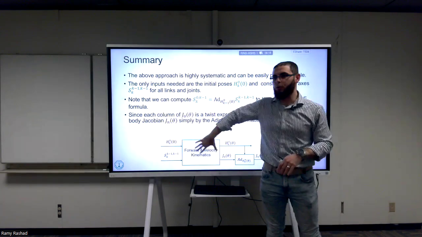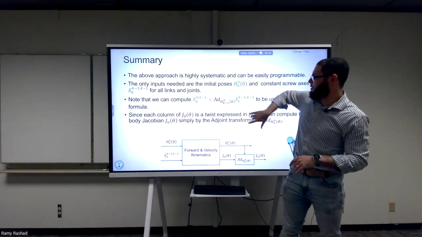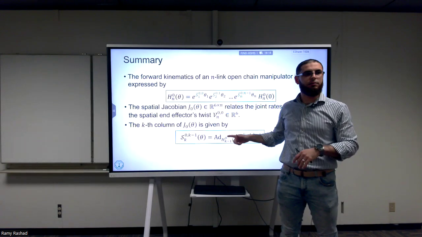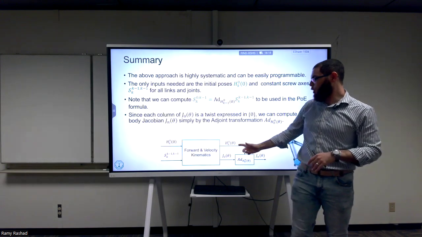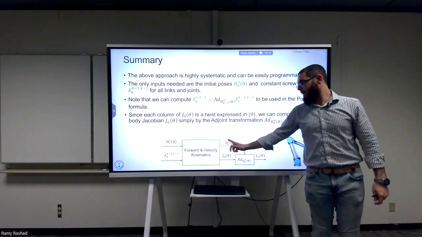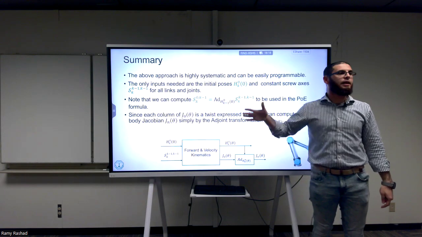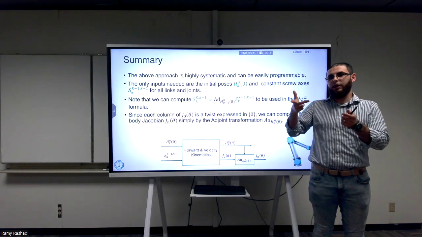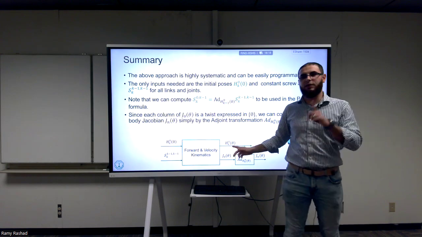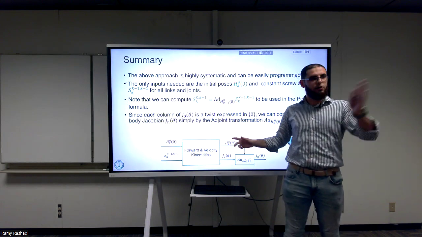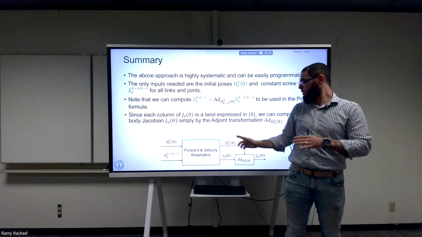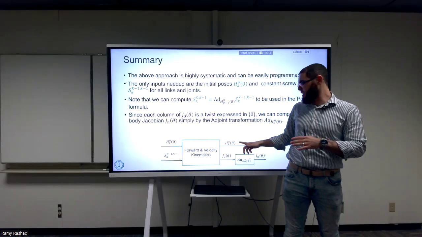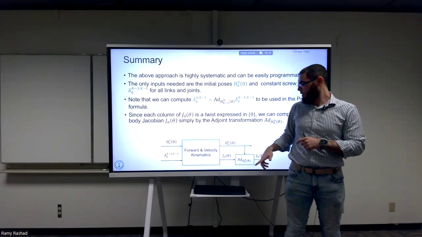You have inside of here a program that implements these two expressions. And in the end, the output is the H k with respect to 0 of all of the links. For each link, because we attached a body fixed frame. So if I want to know what is the pose of the first link and the second link and the third link up till the end effector, I'm going to have here n new poses as a function of theta now.